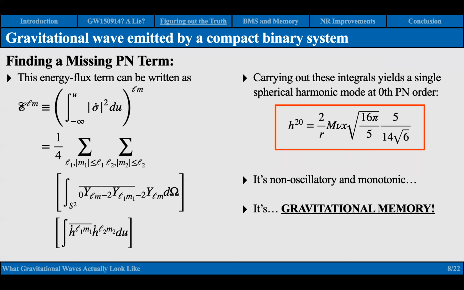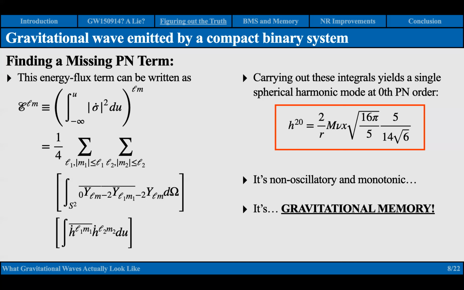Cool. So just from basic GR and a little bit of understanding of where nonlinearities arise in the shear, you can really easily derive this leading order PN interaction that produces this gravitational memory effect.